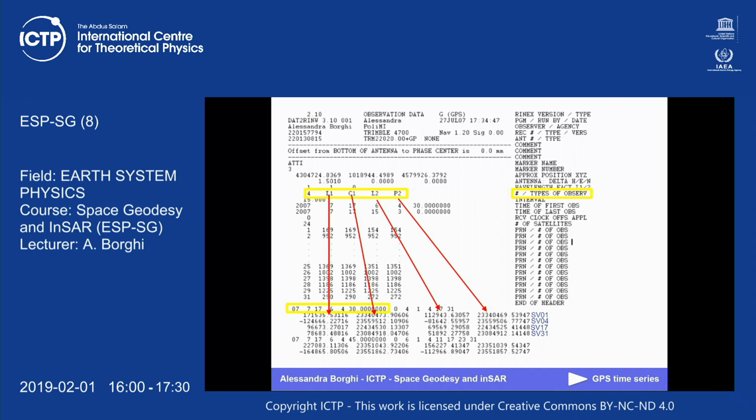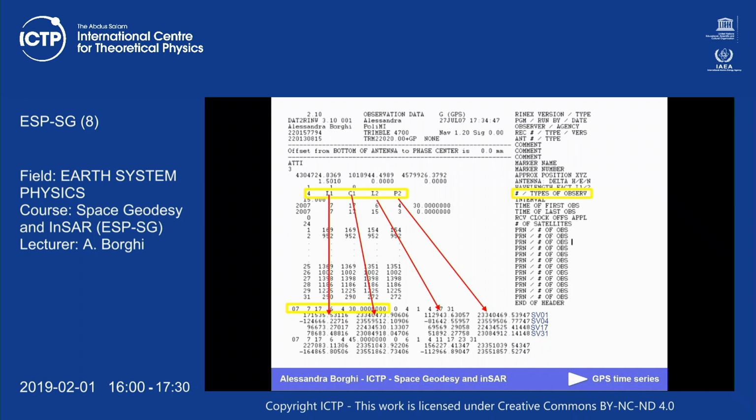The data are collected every 15 seconds. In each row you have an observation for each satellite, and these are the numbers of the satellites, 1, 4, 7, 31. At the beginning, the receiver tracks the signal of just a few satellites. It needs some time, a few seconds, to have all the satellites, but okay.